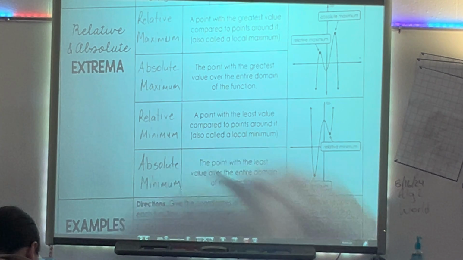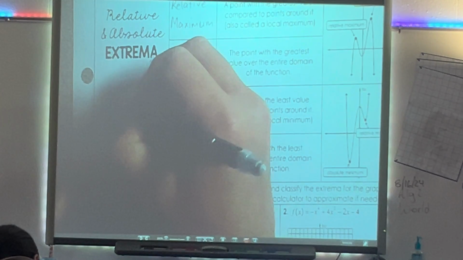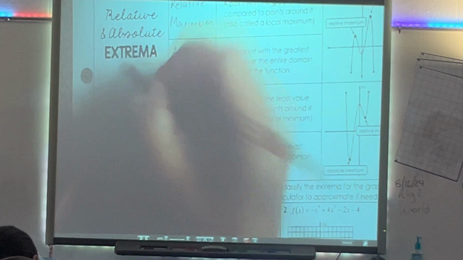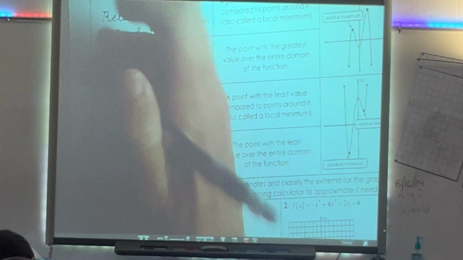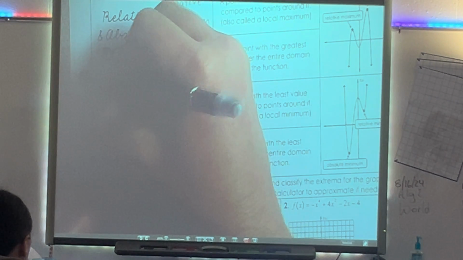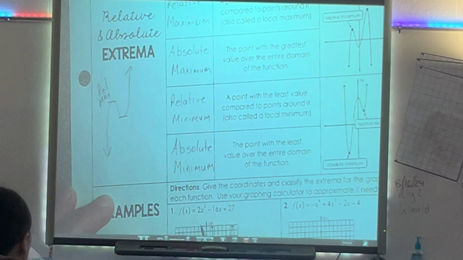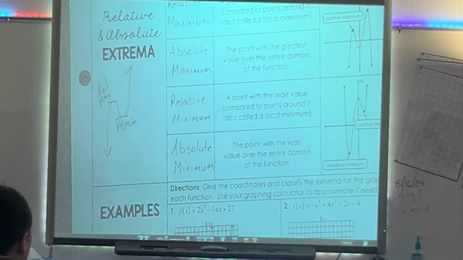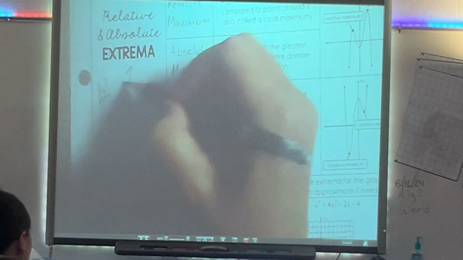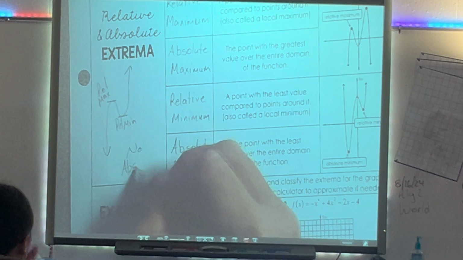Okay, so I do want to draw a little picture over here. If you have a cubic function, let's say it looks something like this, we're going to call that a cubic. So this point right here would be a relative maximum, and this point right here would be a relative minimum. When you have arrows going in both directions like this, there are no absolutes at all.